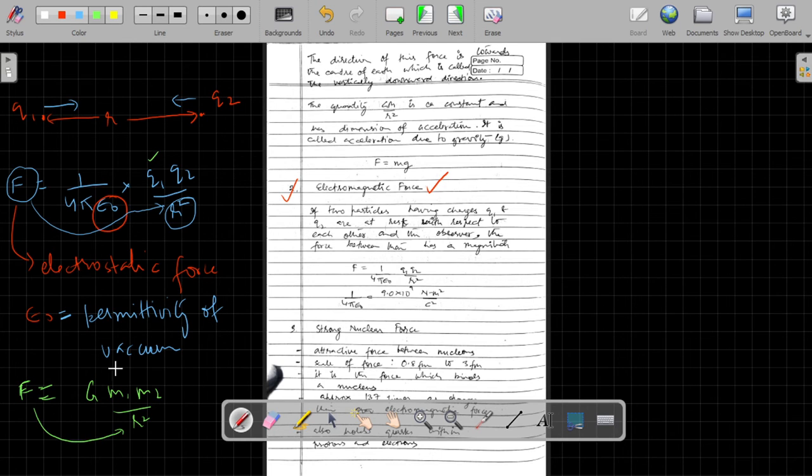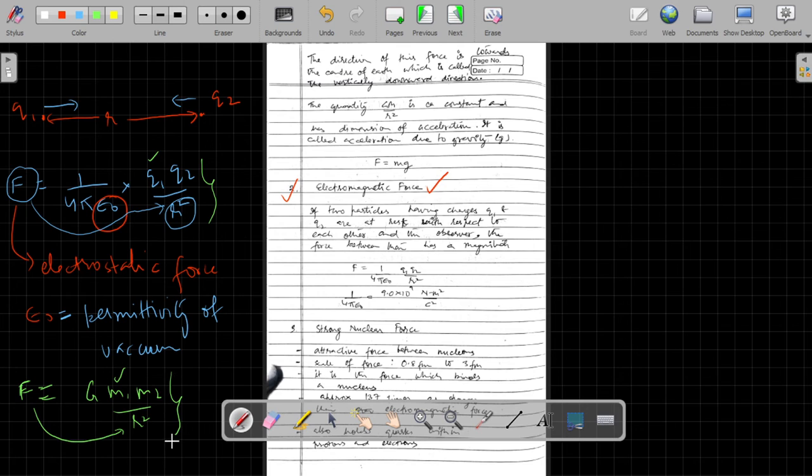Now charge and mass are two properties of the same bodies of matter, and the mass aspect of that body interacts with others with this particular equation G m1 m2 by r square. So these two laws are kind of similar, right?